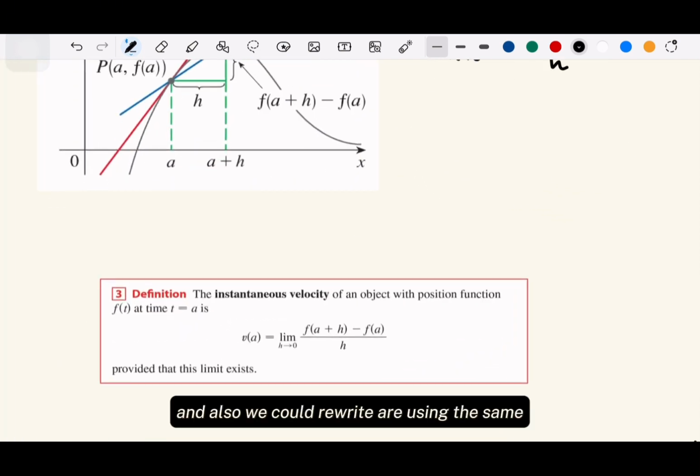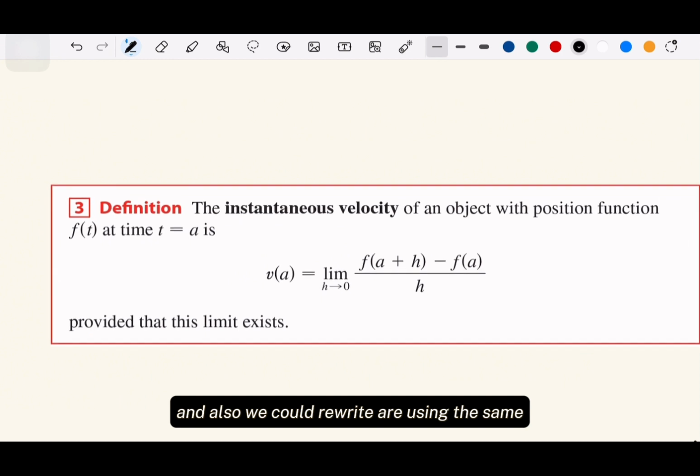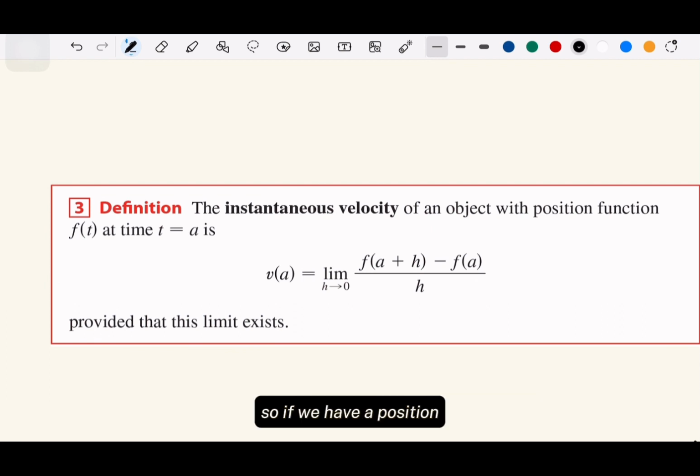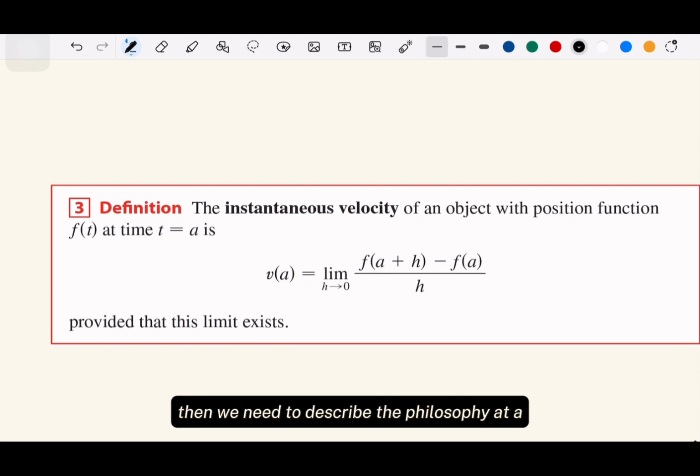And also, we could rewrite, using the same formulation of limit, to define the velocity. So if we have a position function f as our position and time is our variable now, then when time is equal to a, we need to describe the velocity at a. It means that this v(a) is our instantaneous velocity.